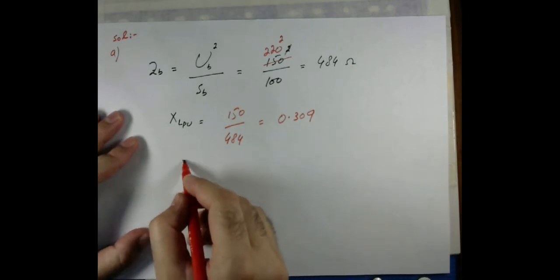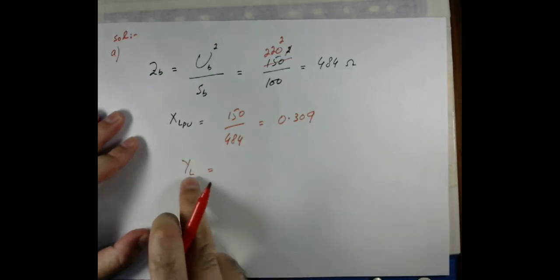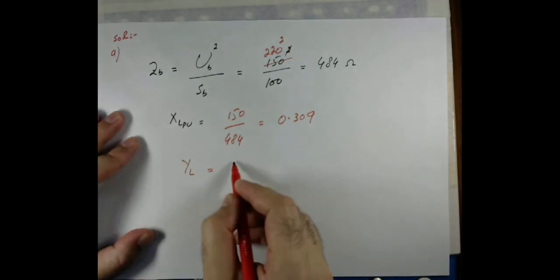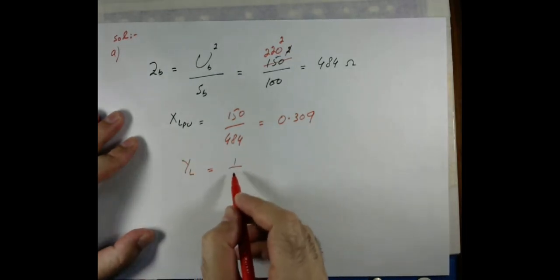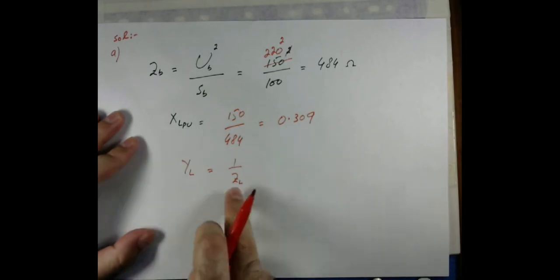So now YL, meaning to say that because it has only inductive reactance, this is the admittance, and we know that it will be equal to 1 over ZL or 1 over XL, because the resistance is 0, so these are the same.